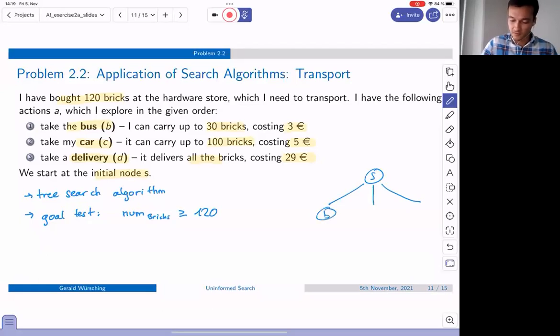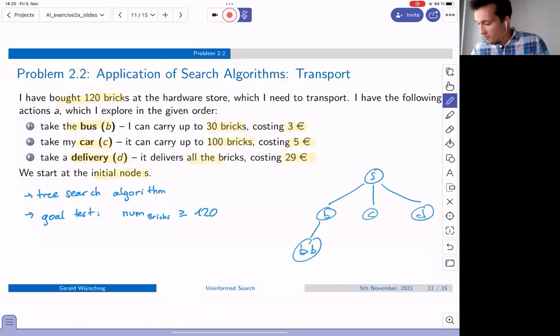So once we've taken the bus once, it's a B, C, and D. And now if we take the bus a second time, we're going to call it like this. This is just to make this exercise a little simpler. So we say we are at the node BB, which basically means we've taken the bus twice. So this is basically how our search tree is going to look like.